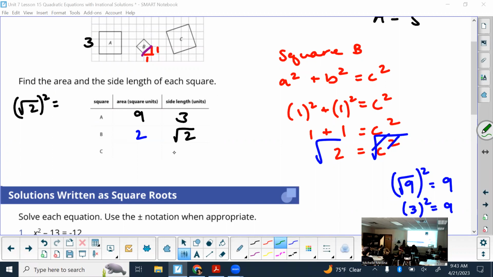Ryan, what do you think? Square root of 10. Anyone get something else? All right, that is correct. I'll show you again. But then if my side length is the square root of 10, then what's my area? 10. The square root of 10 times square root of 10. You get 10.